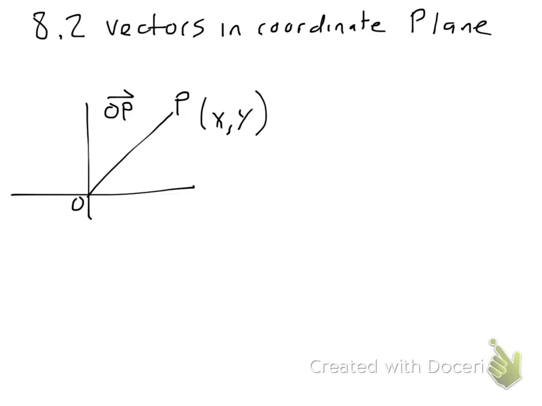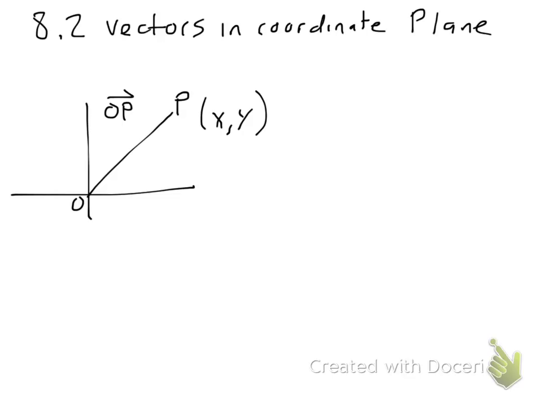So what we're going to do is take vectors, which have that magnitude and direction, and superimpose them onto the coordinate plane, which will allow us to use it more user-friendly. We don't always have to have the protractor and the calculator and ruler with us. We can start to deal with it with the coordinates.